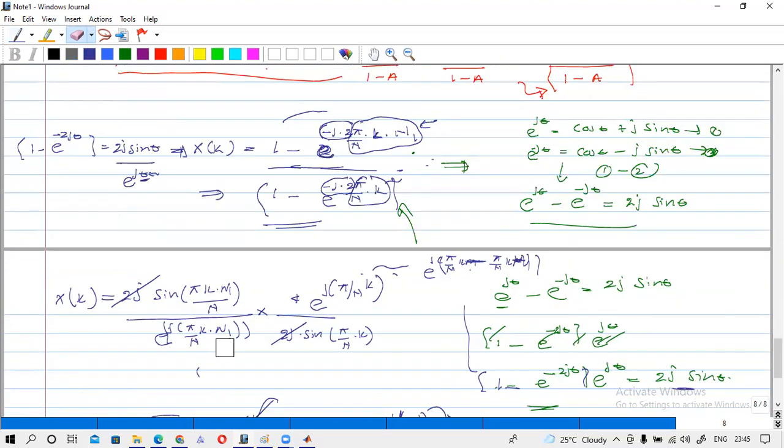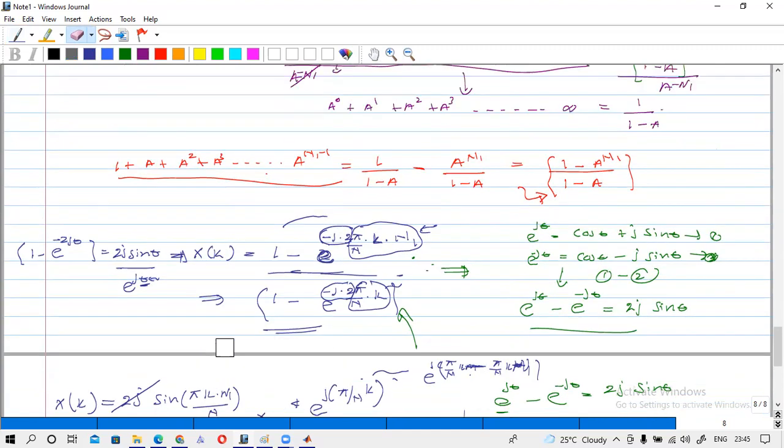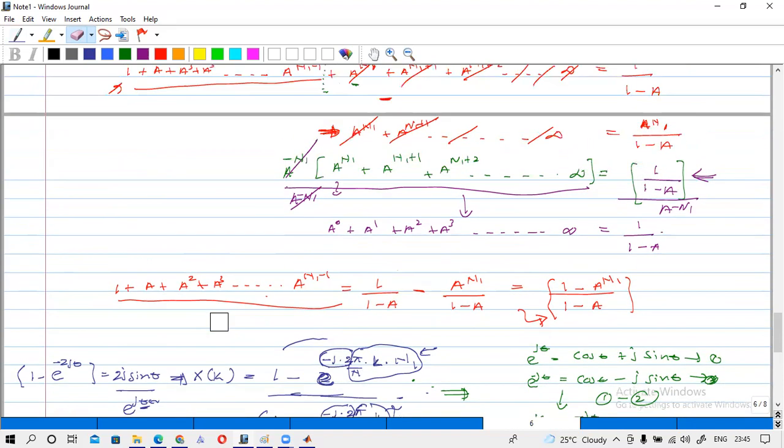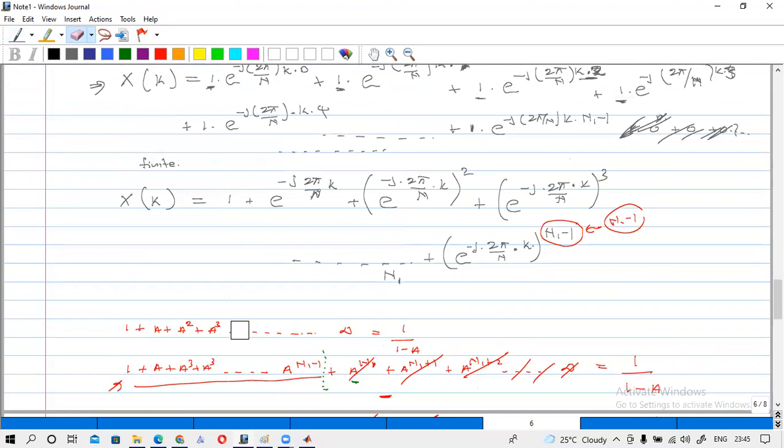So I think for k is equal to 0, you have to calculate it here.